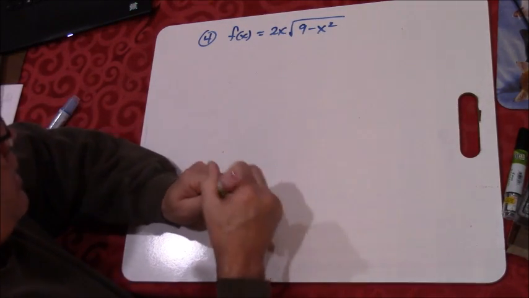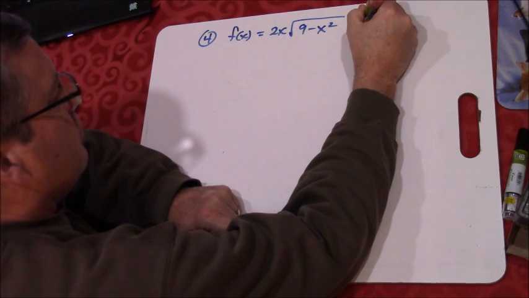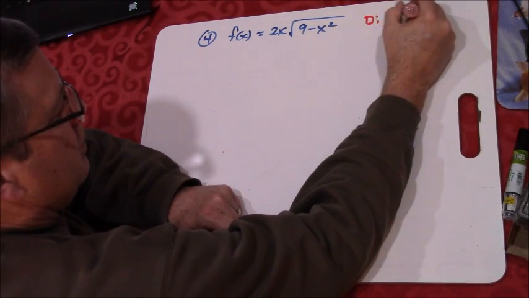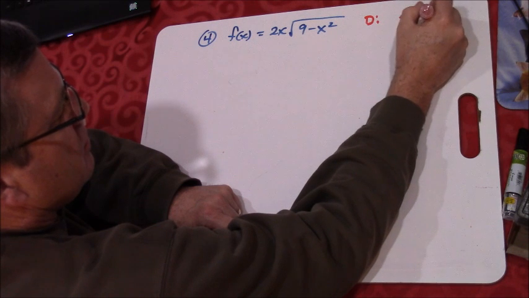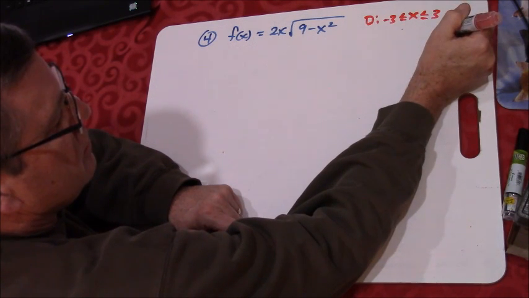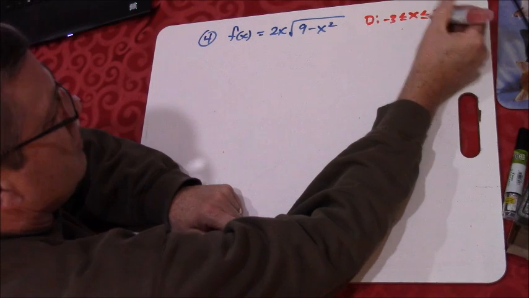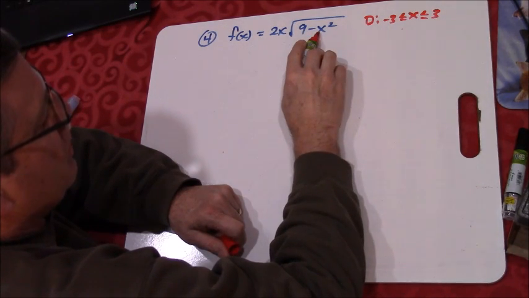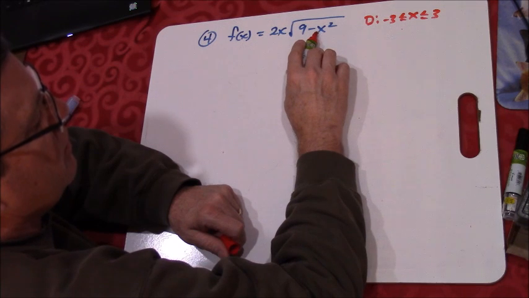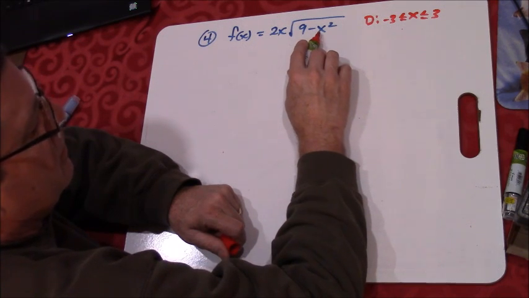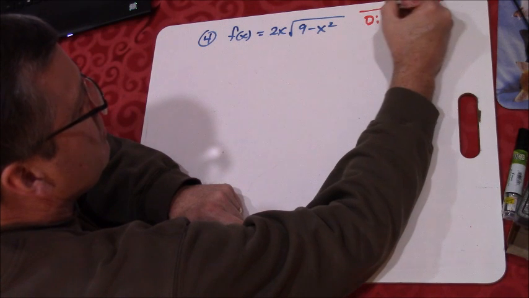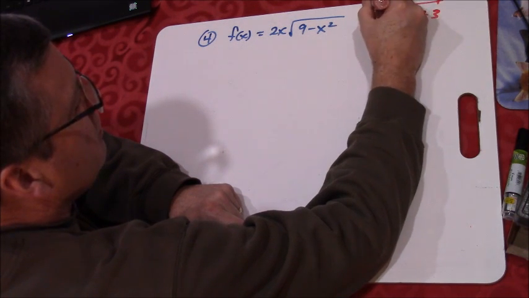So I think what happens here is our domain is going to be any number between negative 3 and positive 3. Right? Because at 3, when I square it, I get 9. Same thing at negative 3, so 9 minus 9 is 0. I'm okay there. On the number line, if I go anywhere outside, let's just say this is 3 and this is negative 3 here.